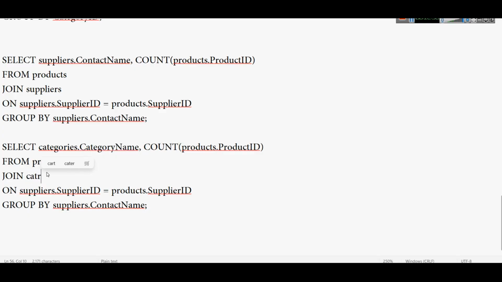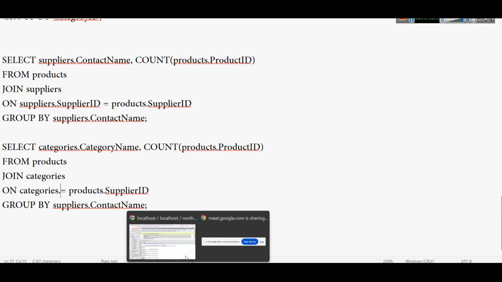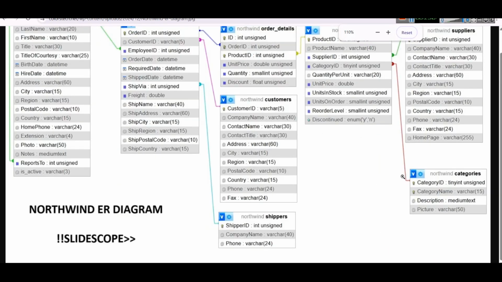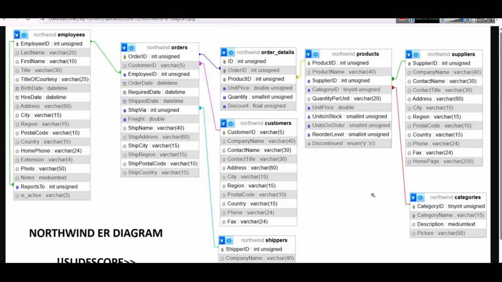Here it will change from categories. What will we write here? If we are joining categories, what will we write here? We just did that. Categories dot... what is common between product and categories?